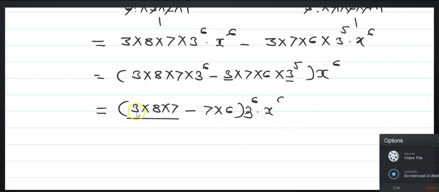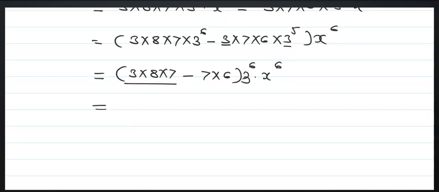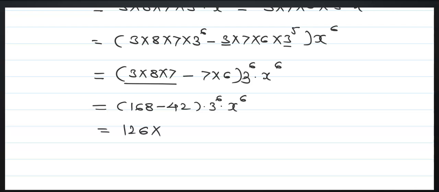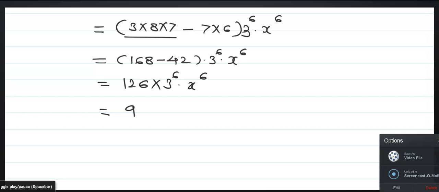Then in bracket you will get 3 into 8 into 7 minus 7 into 6, into x raised to 6. Therefore 168 minus 42 into 3 raised to 6 into x raised to 6. Therefore 126 into 3 raised to 6 into x raised to 6. This is the calculation we can perform.